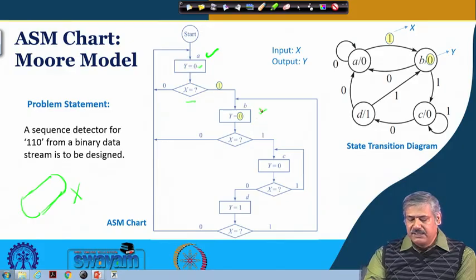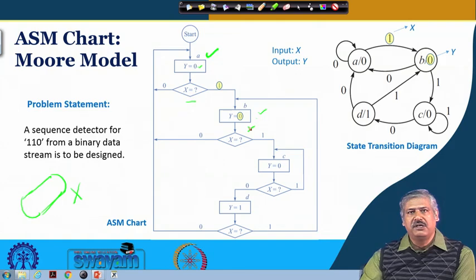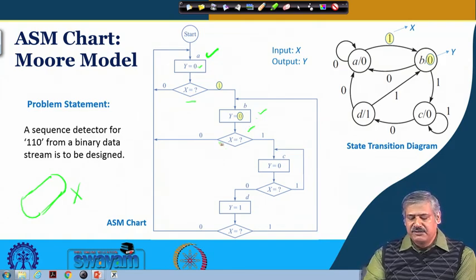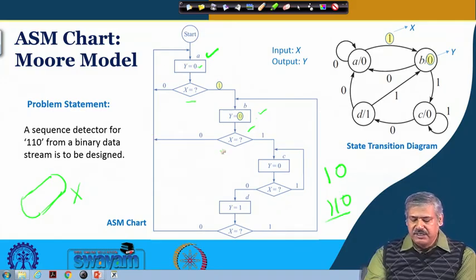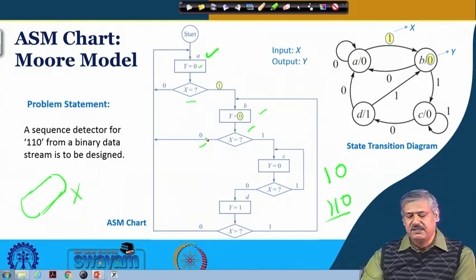When it is at state B, again it receives an input bit, which is x. If x is equal to 0, then after 1 you have received 0 and you have to detect 1 1 0, so you have to start all over again. It goes back to state A, the initial state.